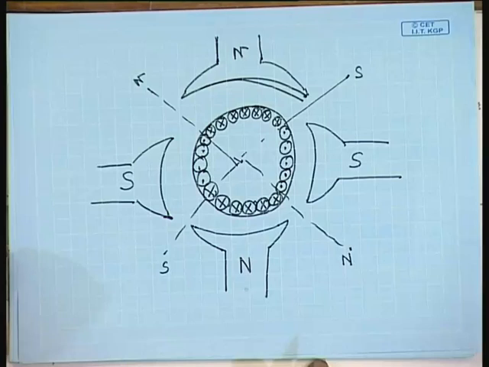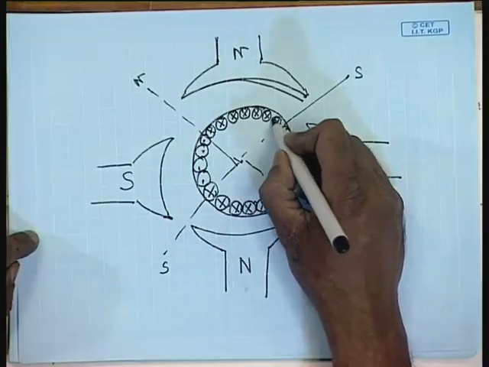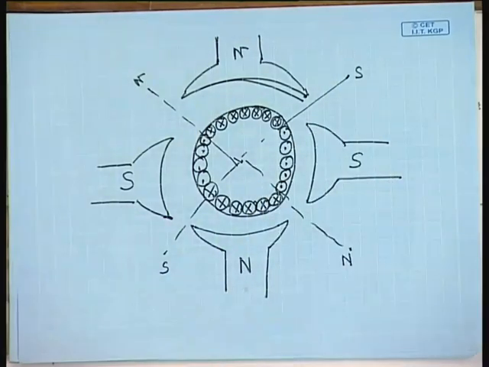So, the armature coils will produce the same number of poles as the stator. Now, one north-south pole pair will be connected in series. So, there will be several such pole pairs depending on the number of pole pairs on the stator.